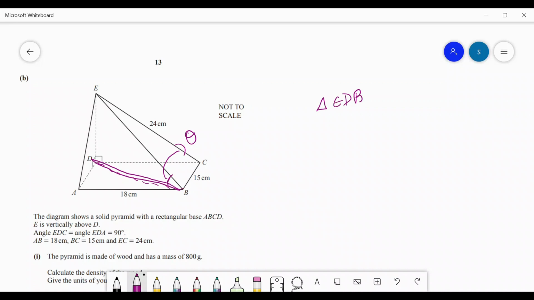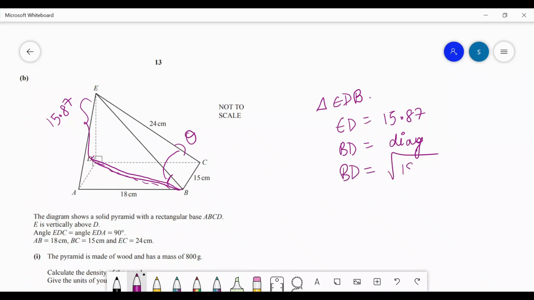In triangle EDB, ED is equal to 15.87. We just found that out in the previous part. And BD is equal to the diagonal of the base. So how do you find out the diagonal of the base? Base is a rectangular area, so we just have to find its diagonal using the Pythagoras theorem.